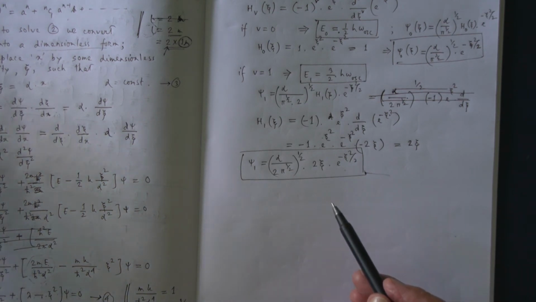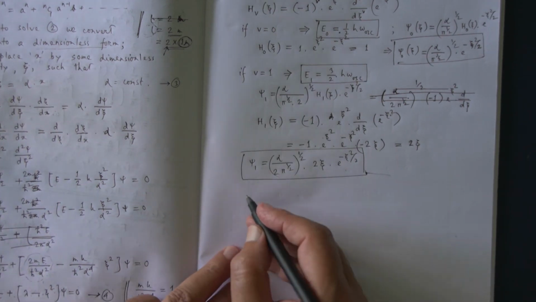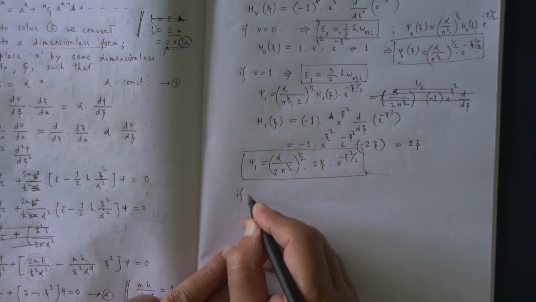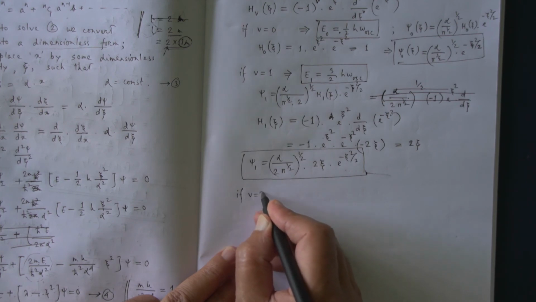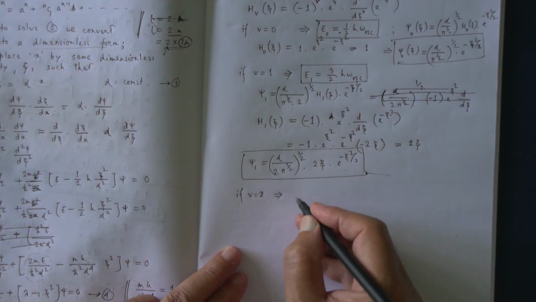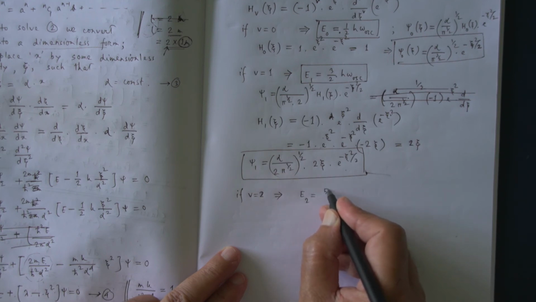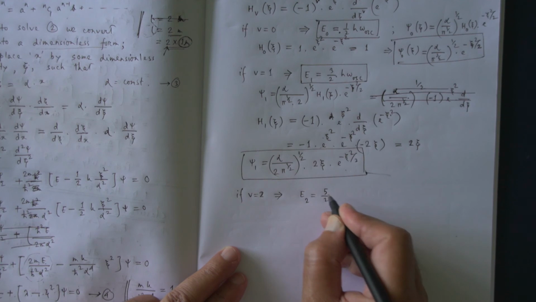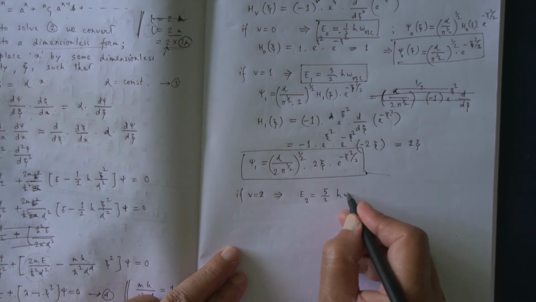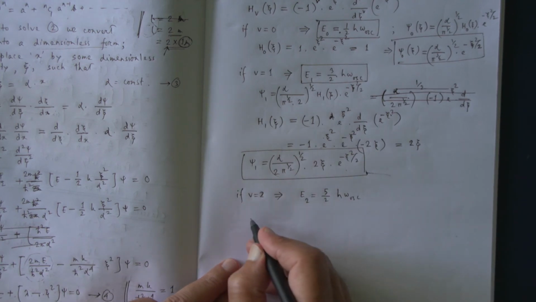Similarly, we can find out, say, if v equal to 2, so energy will be equal to 5 by 2 h omega oscillation, and corresponding wave function psi 2 xi.